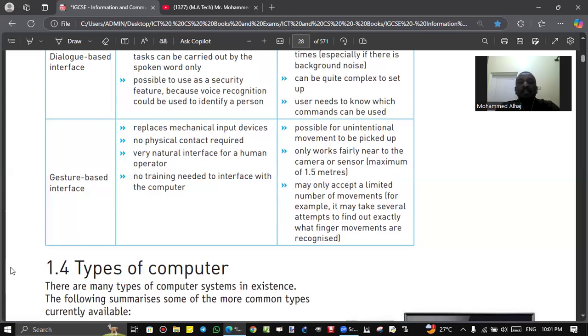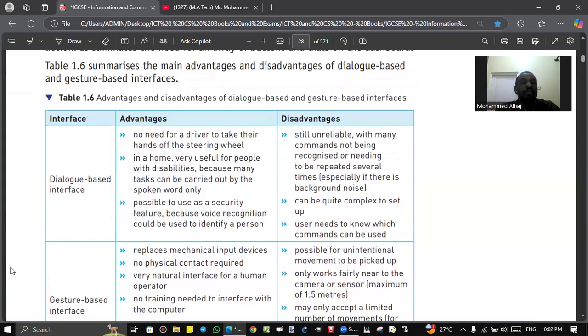Then the disadvantages are that it is possible for unintentional movements to be picked up, and it only works fairly near to a camera or sensor. That's true. If you don't have a camera or sensor, then the system will not work. Those are some of the advantages and disadvantages of the interfaces.